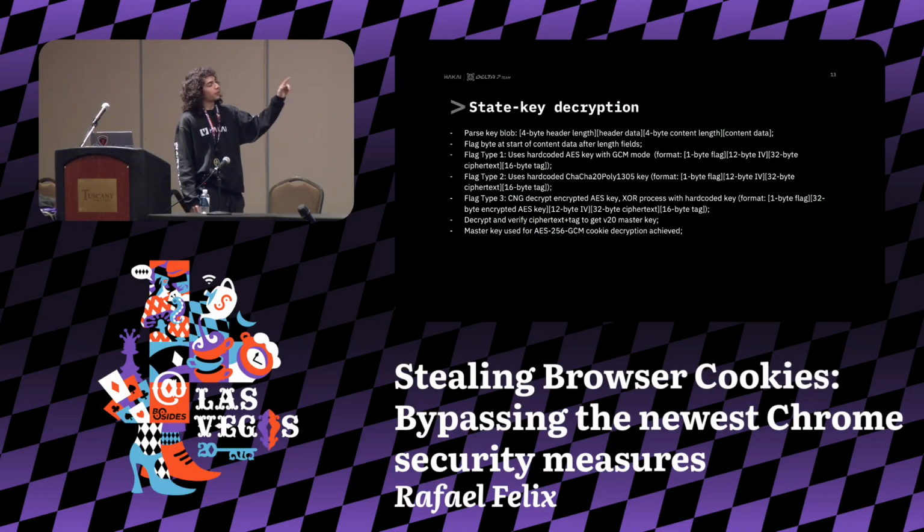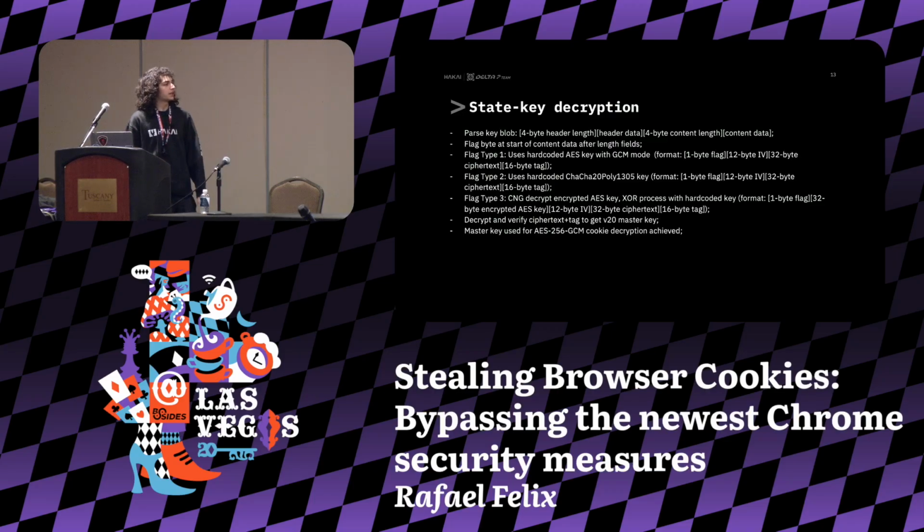On flag types 1 and 2, we use the hard-coded key to decrypt using an algorithm. Now we are doing a simple XOR process with the hard-coded key, which is present on that key table I showed you before, and the same format of the content data. Then we decrypt and verify the ciphertext tag to get the v20 master key, which is actually the state key we use to do the cookie decryption.